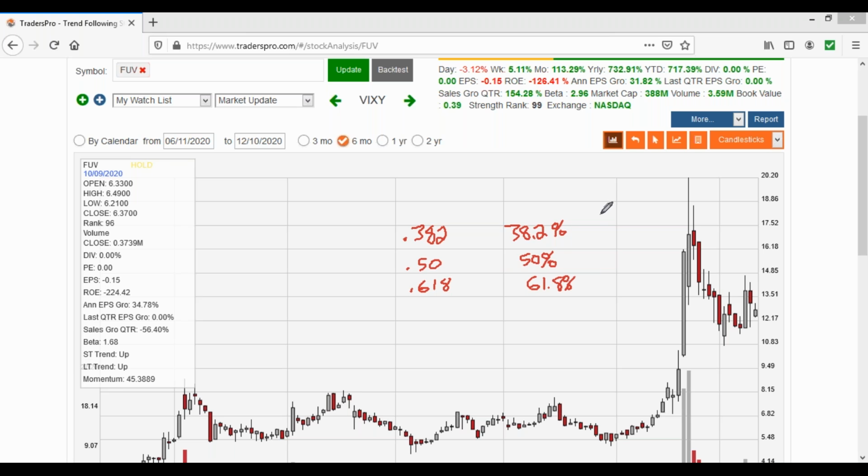Now, before I go any further, I need to talk about the main concept of the retracement. The main concept of the retracement is that stocks will tend to retrace about 50% of their moves. It's kind of 2 steps forward, 1 step back, 2 steps forward, 1 step back.